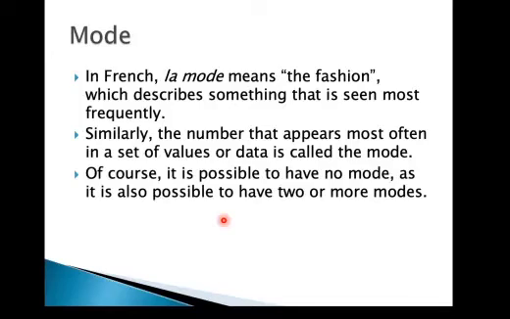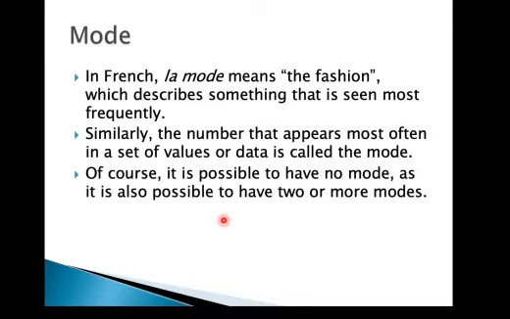If we have two modes, we call that set of values bimodal, or we can also have more than two modes. We call that set of values multimodal. Of course, it's possible to have a set of data where there is no mode.